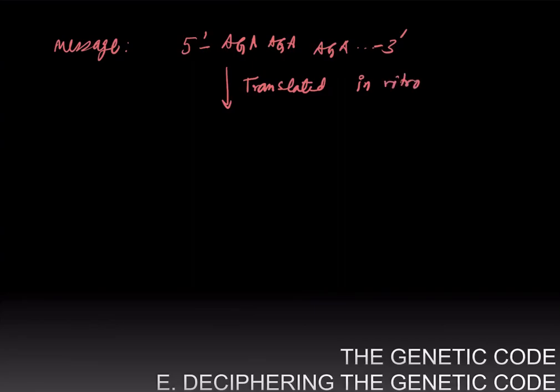That means it was translated in a test tube, and the resulting polypeptide was analyzed to determine what amino acids were incorporated into that polypeptide. And if you were to do this experiment and found that the polypeptide only contained arginine, you would conclude that AGA codes for the amino acid arginine.